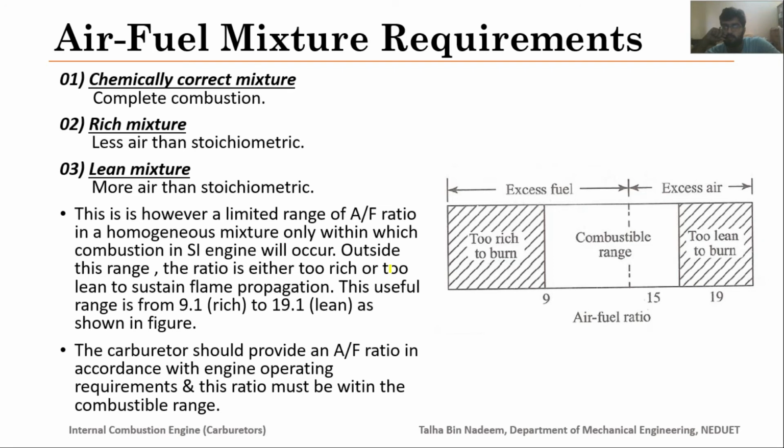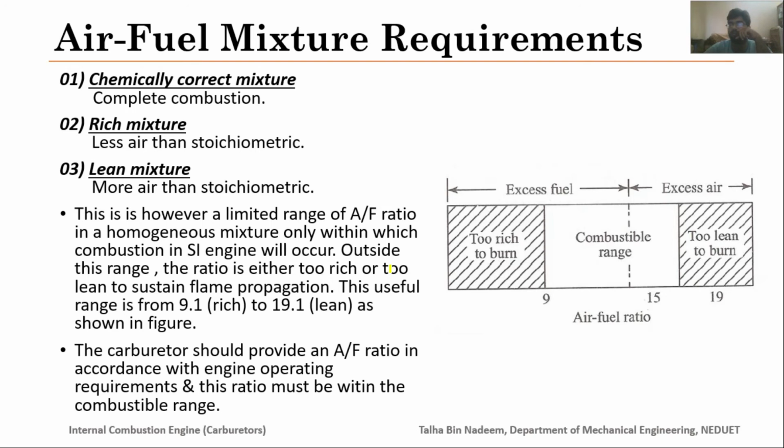So I'm just going to repeat these types of air fuel mixture. We had basically three types of air fuel mixture: chemically correct mixture, rich mixture, and lean mixture. Chemically correct mixtures are those in which you have provided the stoichiometric amount of oxygen molecules for complete and proper combustion of a single fuel molecule.